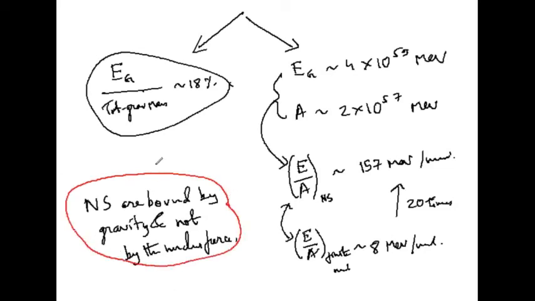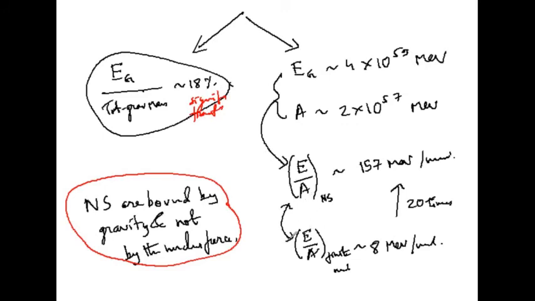Basically, we had two very important observations. The first one is that the gravitational energy is a significant fraction of the total gravitational mass of the star. And the second observation is this one.